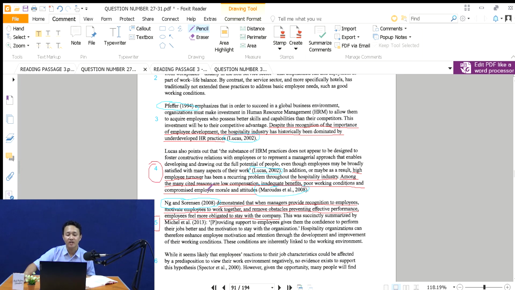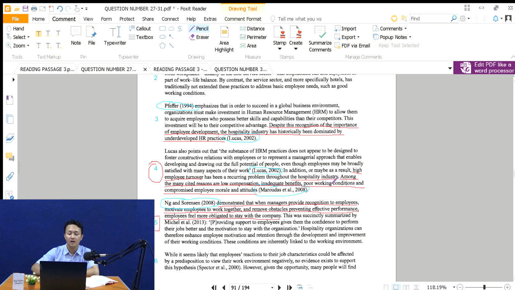Among the many cited reasons above, including the underdeveloped HR practices and things like that, these things are stated by Marauders et al. They mentioned that low compensation, inadequate benefits, poor working conditions, and compromised employee morale and attitudes lead to employee turnover in the hospitality industry, right?